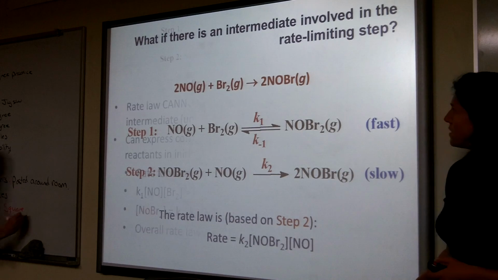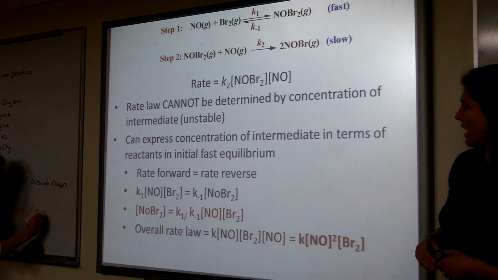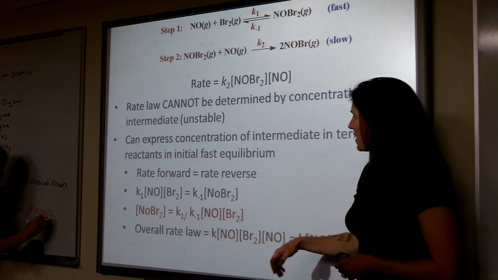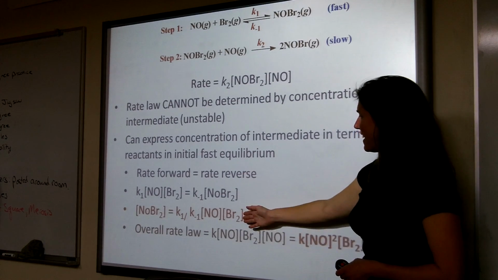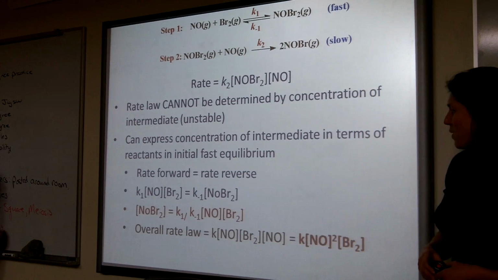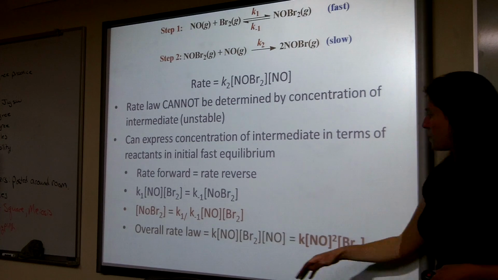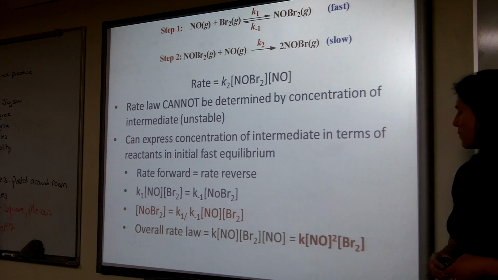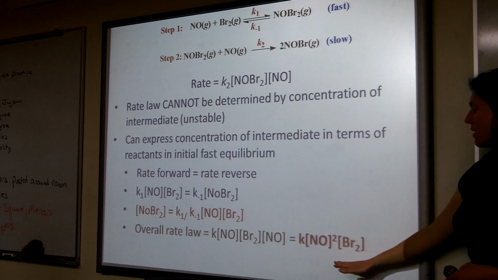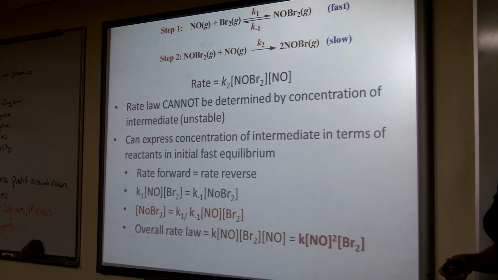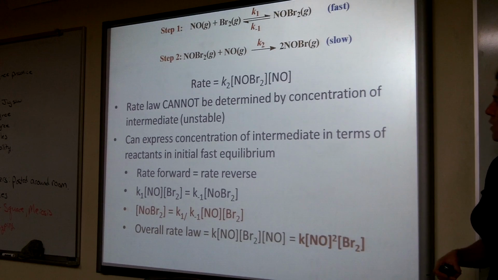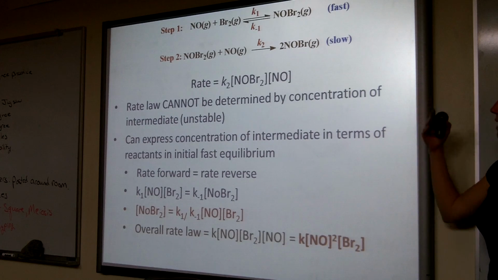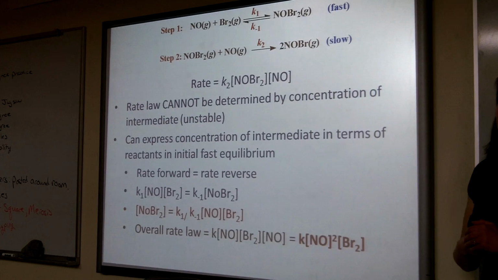So I'm going to substitute that in. Overall, my rate law is going to be [NO][Br2][NO], so it's [NO] squared times [Br2] for the overall reaction. So you cannot have an intermediate involved in the rate law. Keep that in mind.